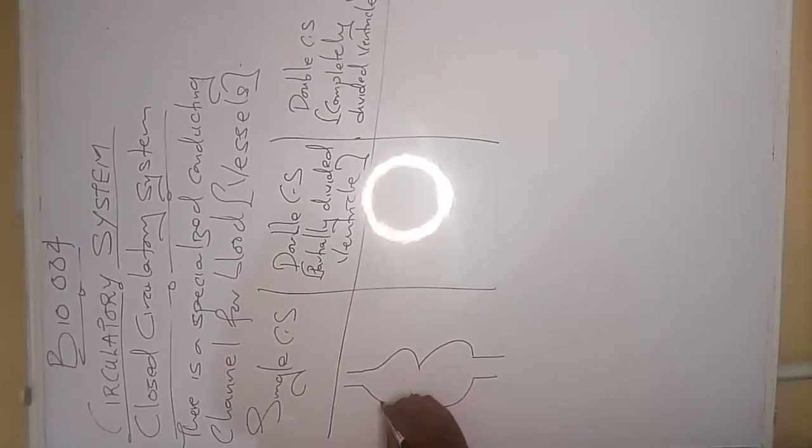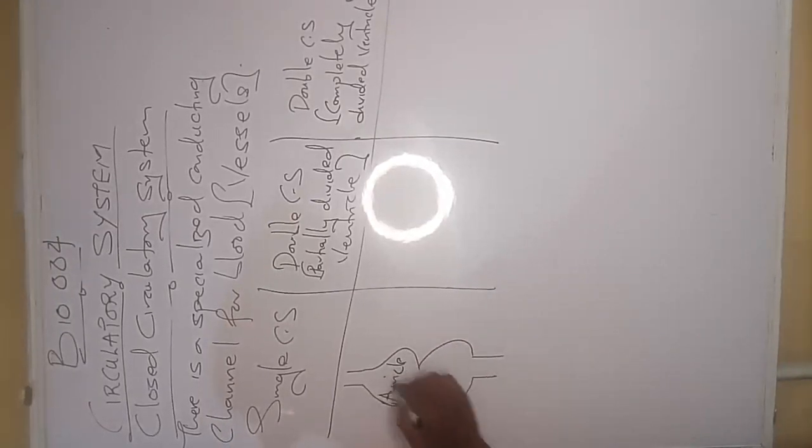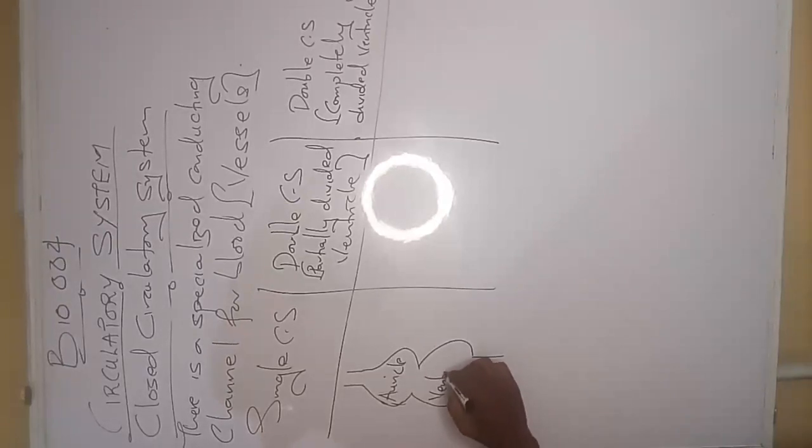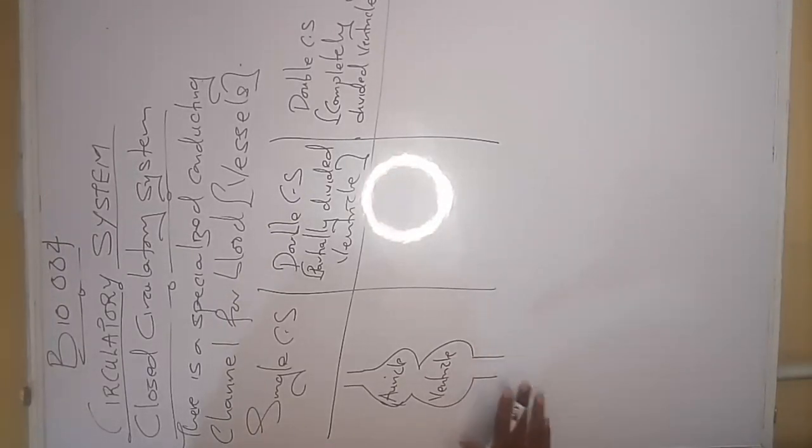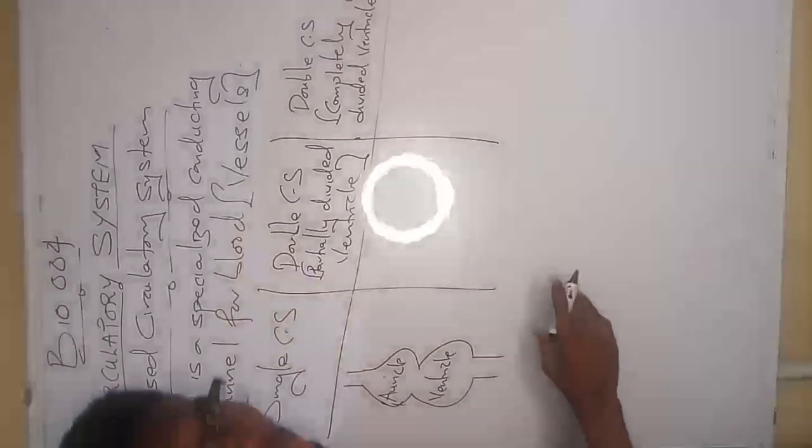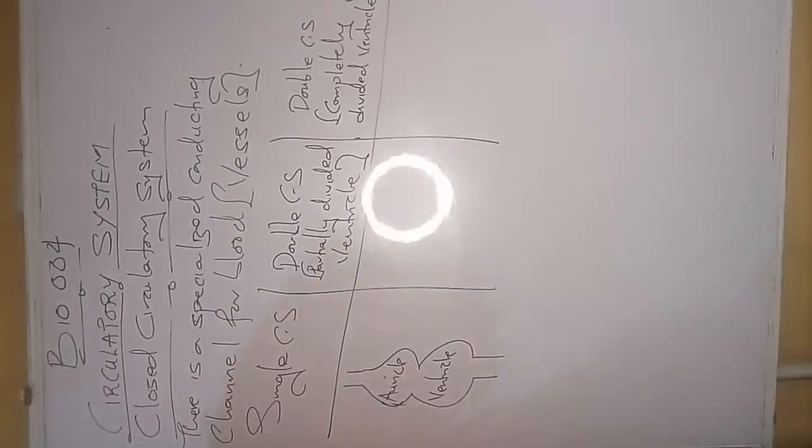Let's say this is the auricle. This is the heart of a fish. Auricle, ventricle. So the fish has one auricle and one ventricle. And that's single circulatory system.